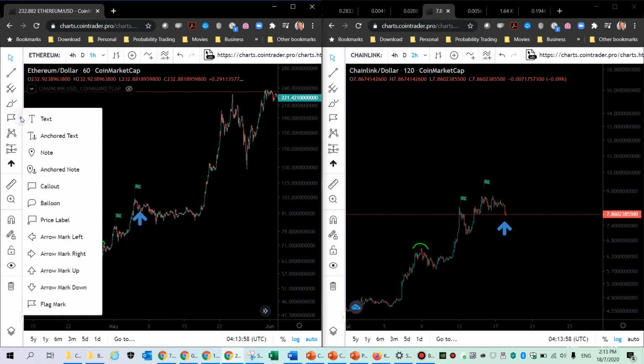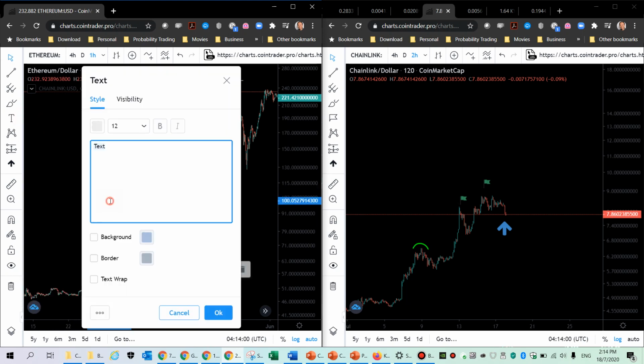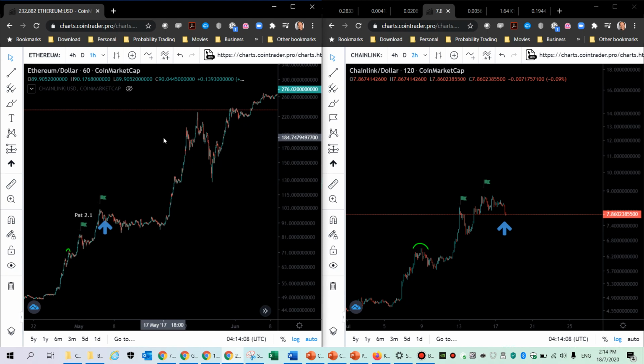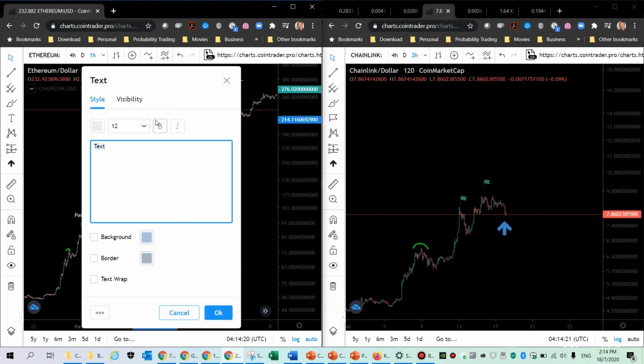So let me write this up. This would be pattern 2.1, right? So 2.1 is just a waiting game. It's not entirely bad. If you completely miss this trade, you might say, oh, I'll ride Chainlink to the top, to double, 2X. That's fine.